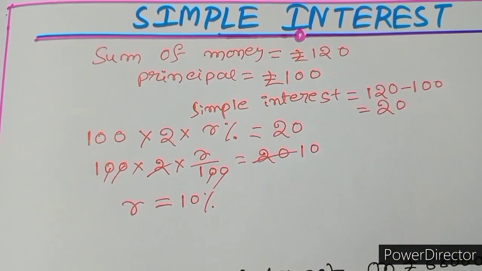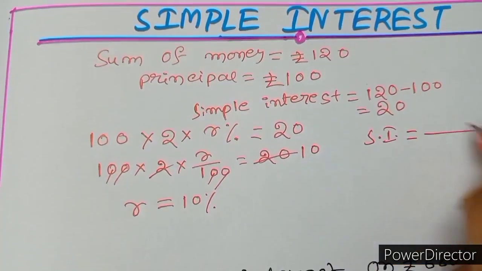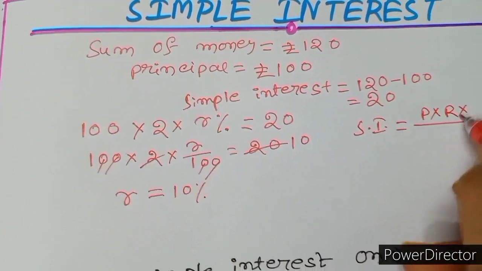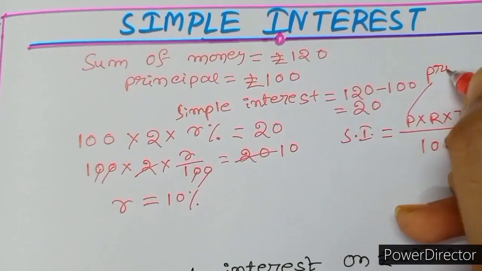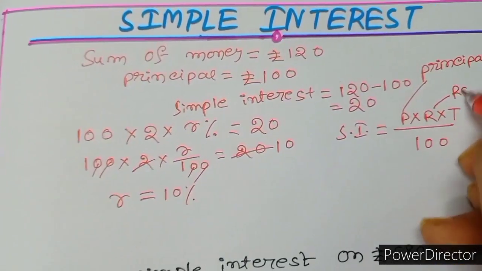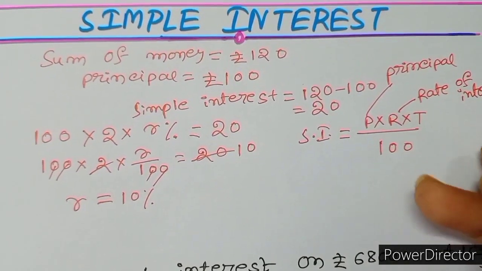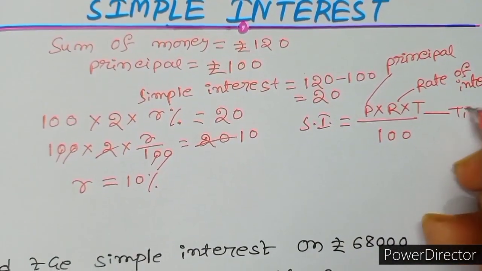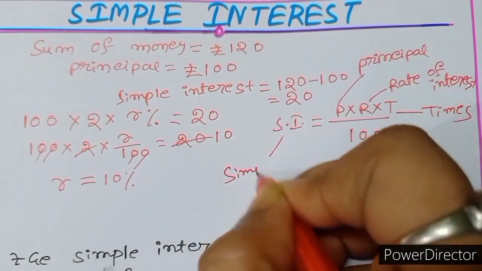So we easily understand the formula. The formula is SI equal to P into R into T by 100. Here P means principal, R means rate of interest, T means time, and SI means simple interest.